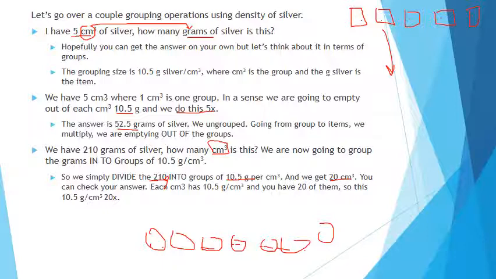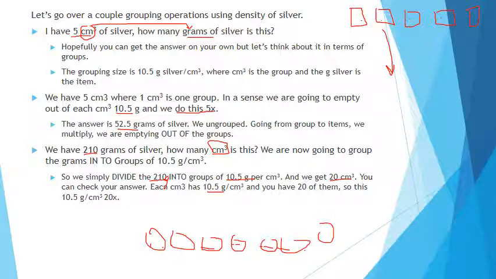And you could check your answer to see if you get back to 210. If you have 10.5 grams per centimeter cubed and you have 20 of them, that's going to be 10.5 20 times, or 210.